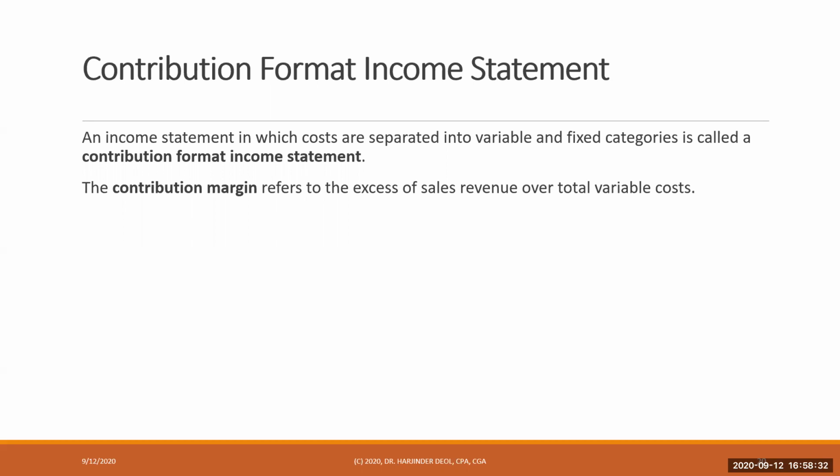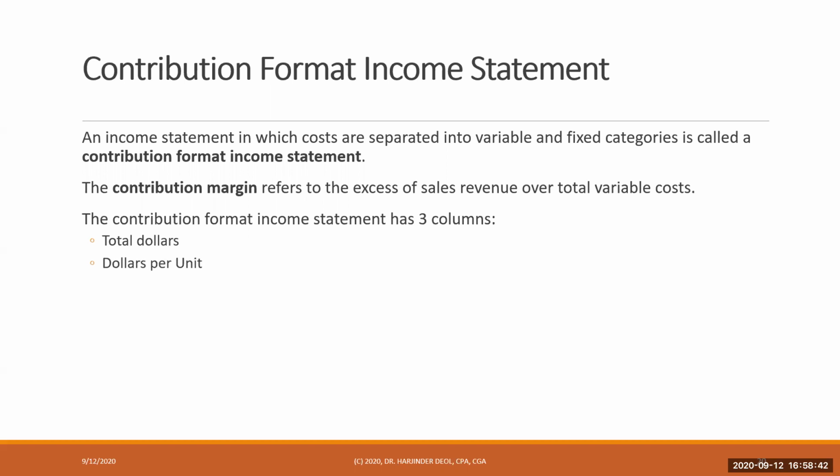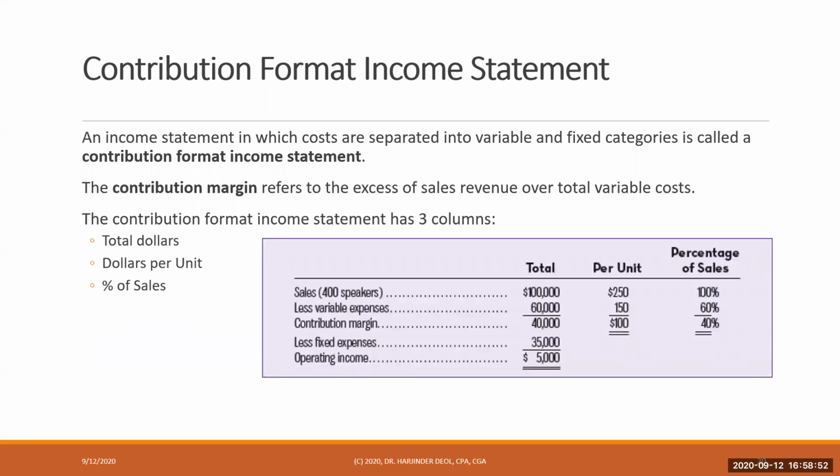When we set up the contribution format income statement, we prepare 3 columns, one for total dollars, one for the dollars per unit, and then express those lines as a percentage of sales. Something along the lines of this table that you see.